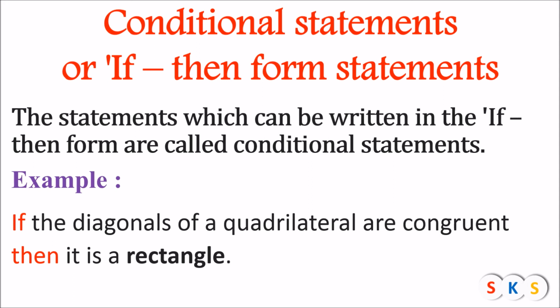Therefore, it is called an if-then form statement. This statement is also known as a conditional statement. Why is this statement called a conditional statement? Because there is a condition in this statement. What is the condition? The quadrilateral is going to be a rectangle only if the diagonals of the quadrilateral are congruent. Because of this certain condition, this statement is known as a conditional statement.